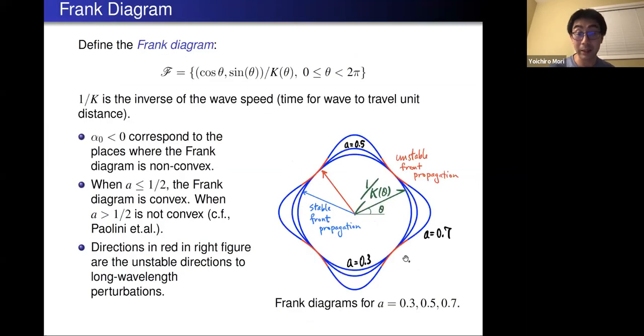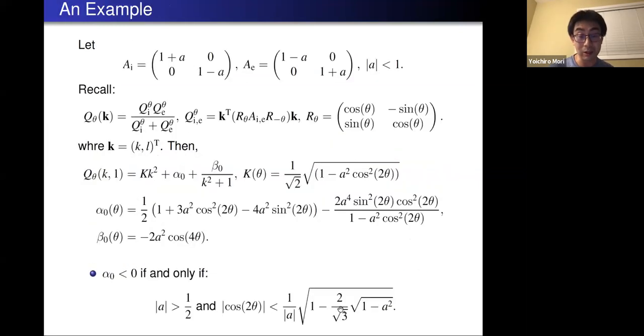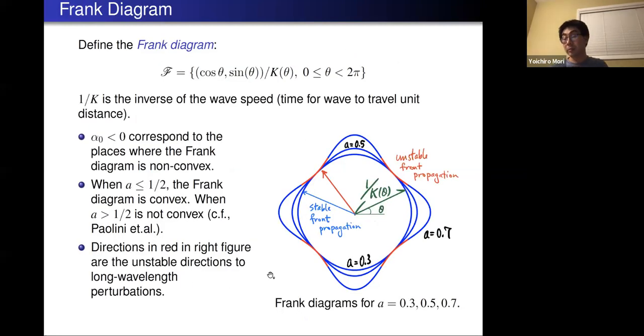This algebraic condition in fact has a geometric interpretation in terms of the Frank diagram. Recall that the Frank diagram is defined as the inverse of the wave speed in each direction.